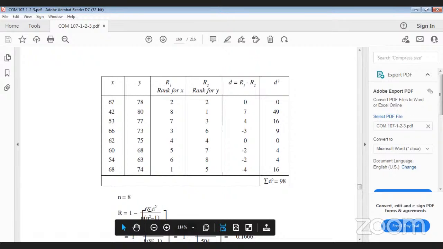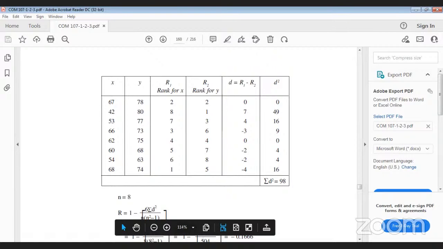Now in the last column, you will find d square. Then 3 into 3, it should be 9 here.